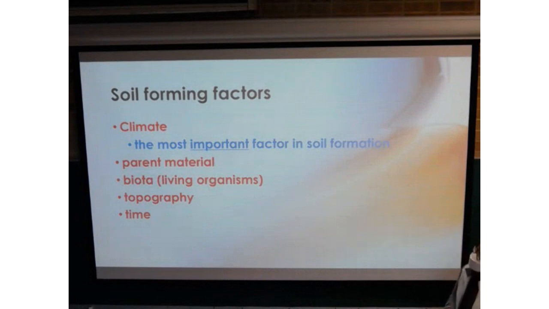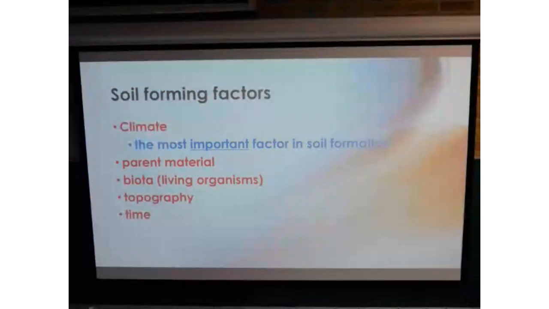Okay. Please keep in your mind those 5 soil forming factors. Of the 5 soil forming factors, which one is the most important factor? That is climate. Okay. The most important factor to soil formation is climate. Never forget. Because climate, like precipitation, like water, rainfall, is going to be able to break down what?